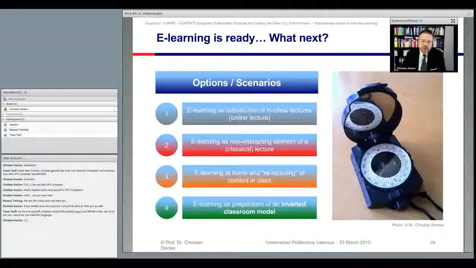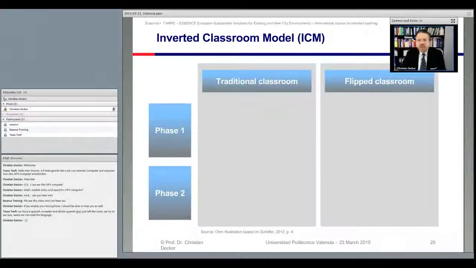The use of e-learning as a preparation of an inverted classroom model. Just a short explanation of what I think an inverted classroom model is. Some people use the expression flipped classroom. Then there are some e-learning aficionados who distinguish between inverted classroom model and flipped classroom.